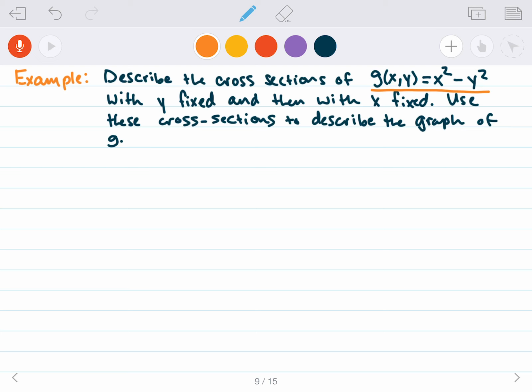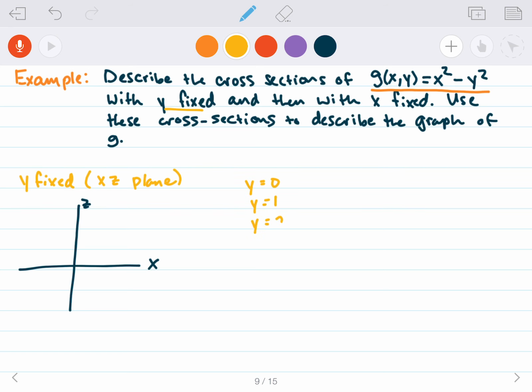So the first thing we're going to look at is y fixed. So when y is fixed, we're concentrating on what's left, the xz plane. Okay, so we want to go ahead and put our z up top, x right here. Now when y is fixed, let's choose y equals 0, y equals 1, and y equals 2.